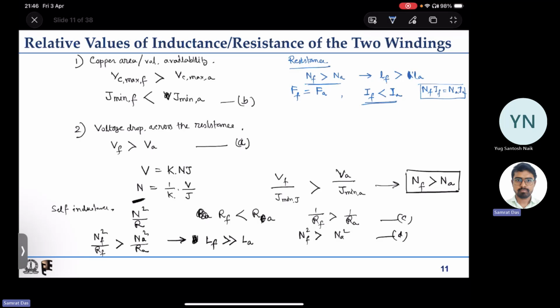So if we require a very low current flow in the field winding, then why use a higher cross-sectional area? We can simply use a lower cross-sectional area for the field winding. That means the cross-sectional area is low compared to the armature winding. Now resistance is proportional to L by A.